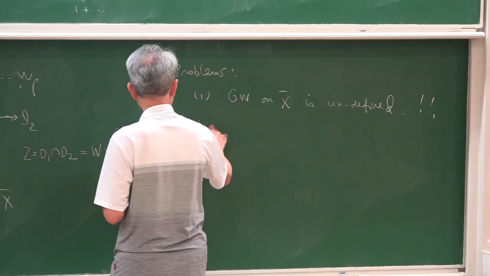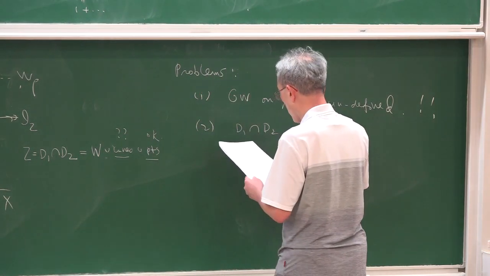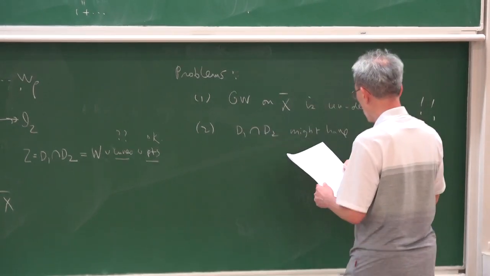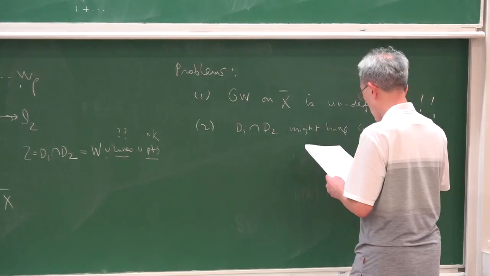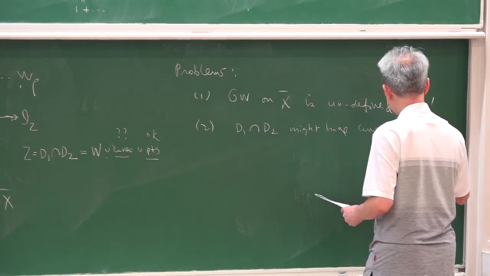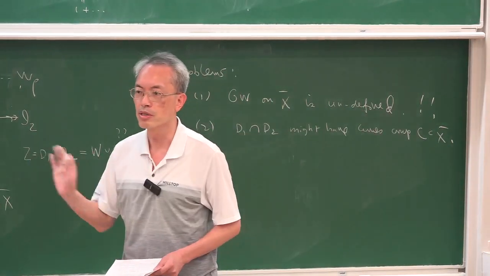And the second one is, D1 intersect D2 might have, as I said, if it's just a point, that's equity dependent.